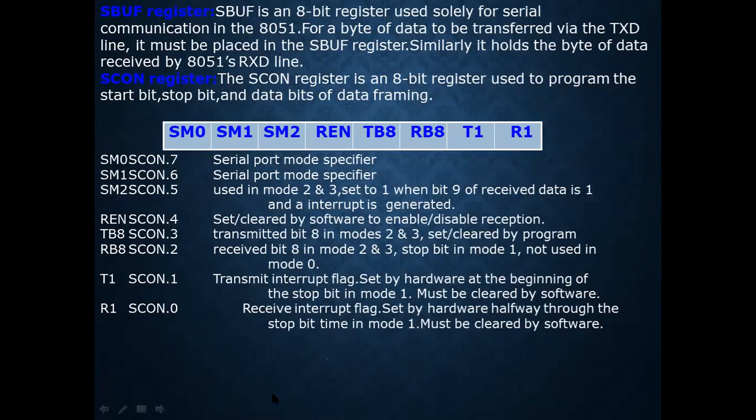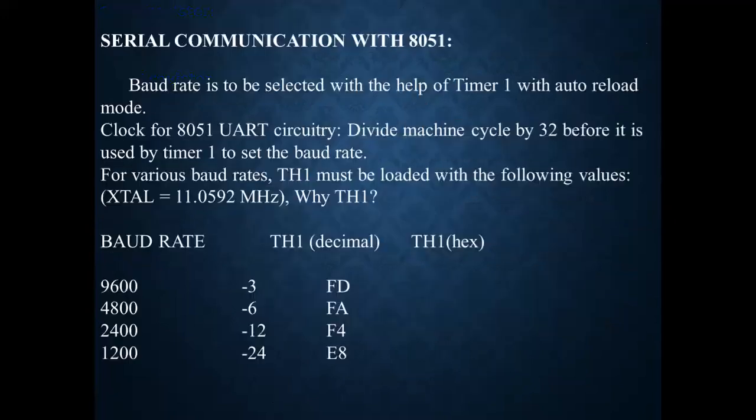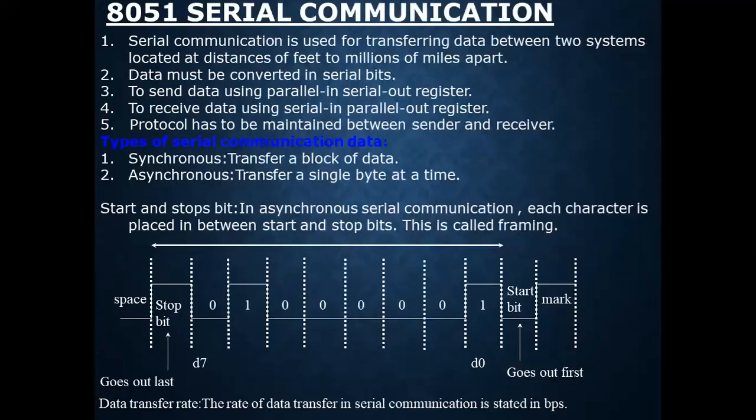Now the SBUF register. We have already discussed that this SBUF register is the buffer register used for the transmission and reception of serial data. For a byte of data to be transferred via the TXD line, it must be placed into the SBUF register first, because if we go back and see here, to send data we use a parallel in serial out register, and to receive data a serial in parallel out register.